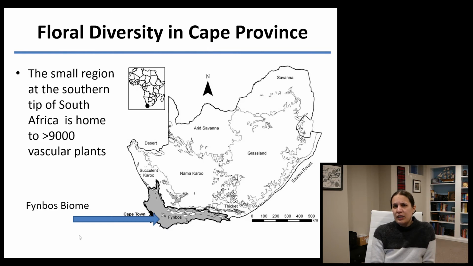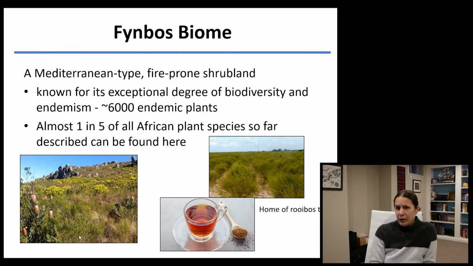I want to draw your attention in particular to that area marked in gray, the Fynbos biome. I've shown it with the blue arrow. The Fynbos biome is a particularly diverse region within the Cape Province. This is what the Fynbos biome looks like. It's a Mediterranean type ecosystem, like a scrubland, semi-arid, fire prone, and it's known for its exceptional degree of biodiversity and endemism.